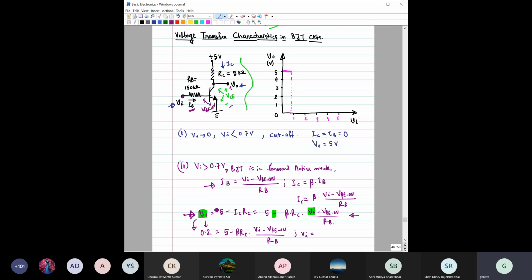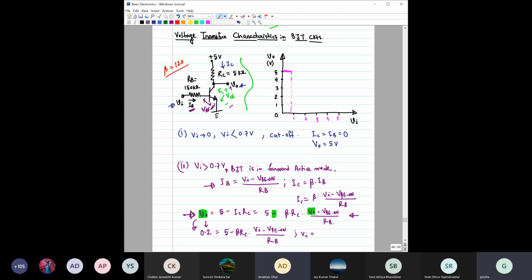So 0.7 plus 144 by beta. Can you give me some number, some value? For that, I think you might need the value of this beta. Okay, consider beta as 120.